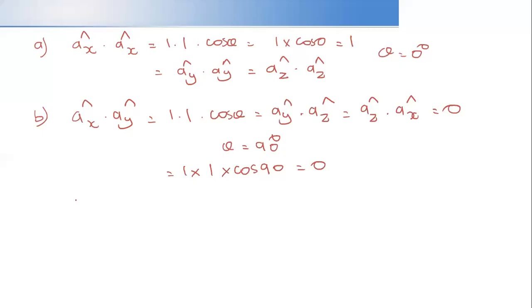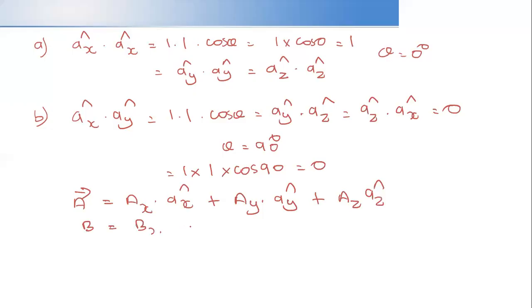So to summarize the dot product, vector A is equal to Ax ax plus Ay ay plus Az az, and vector B is equal to Bx ax plus By ay plus Bz az. If you're asked to find A dot B, you know A dot B will be a scalar.